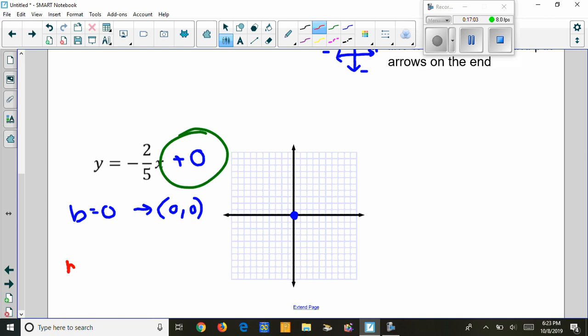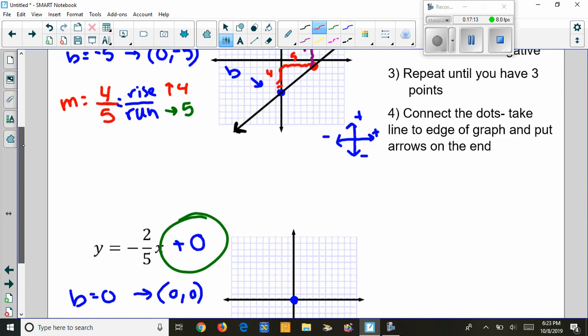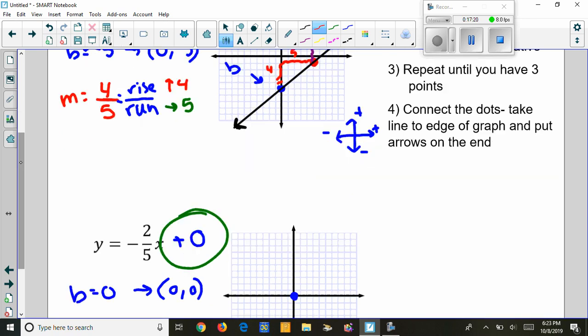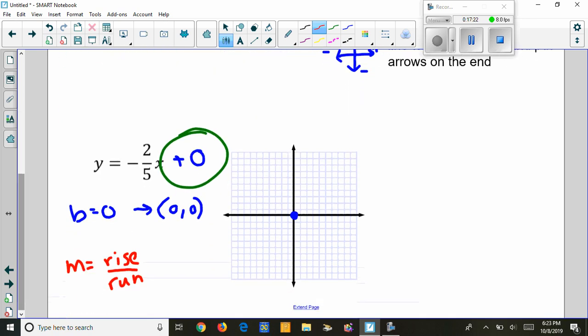Next, I'll do my slope, rise over run, and we need to be careful. There was a note in the earlier steps that states if there's a negative slope, we're going to make the numerator negative.